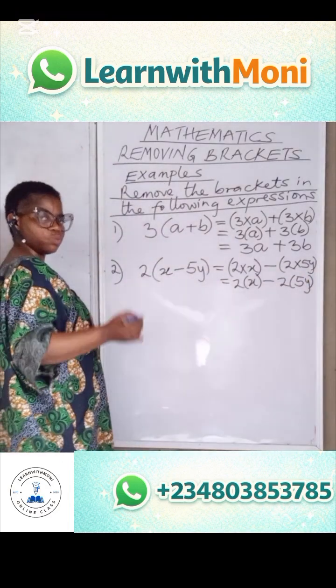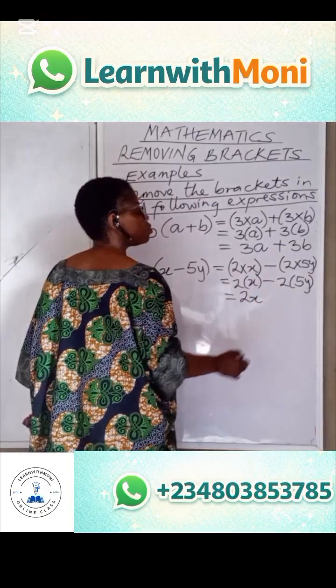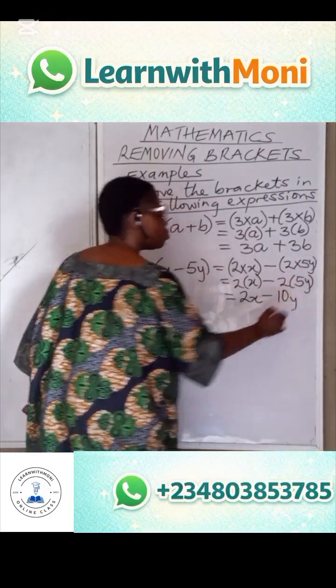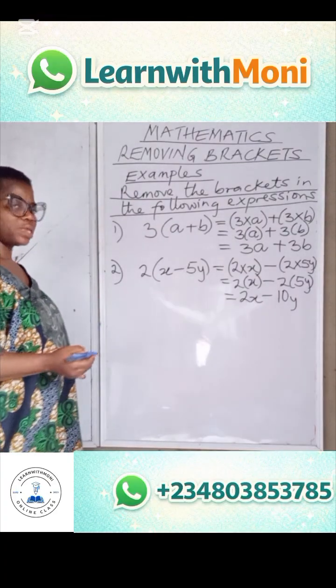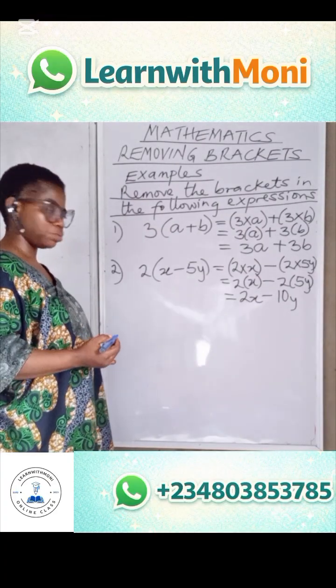So let us remove the brackets. 2 times x is 2x, minus 2 times 5y, that is 10y. And with that, I have been able to remove the bracket from the expression.